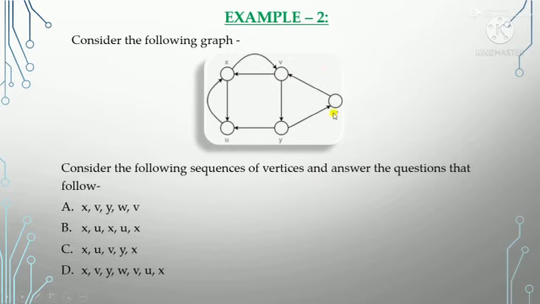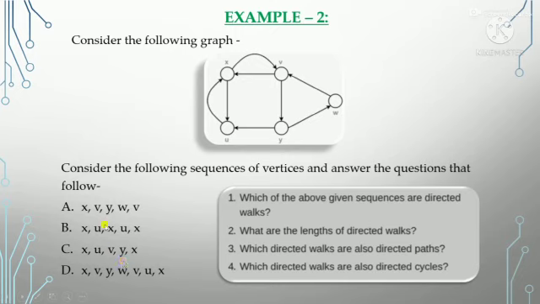Here, suppose this graph is given, this is a directed graph, you can see this, and here we have the 5 vertices, x, y, u, v, w, right? So if we consider these walks, you have to answer some questions here.